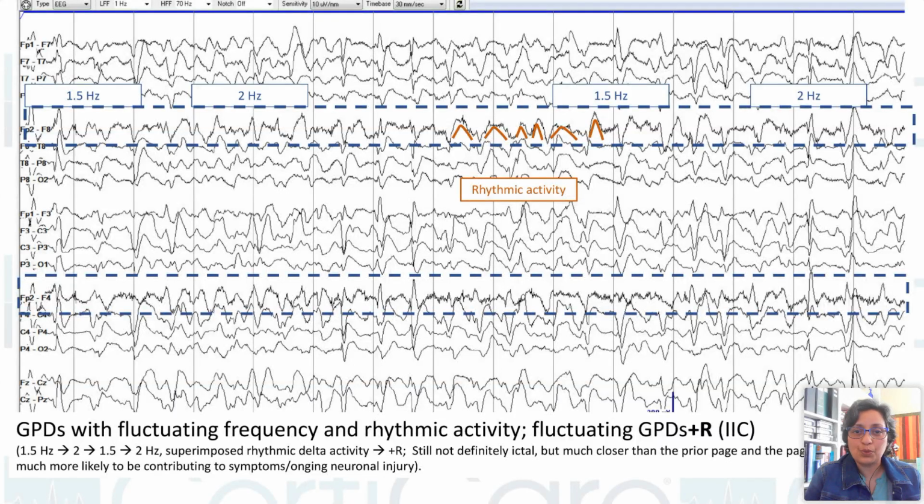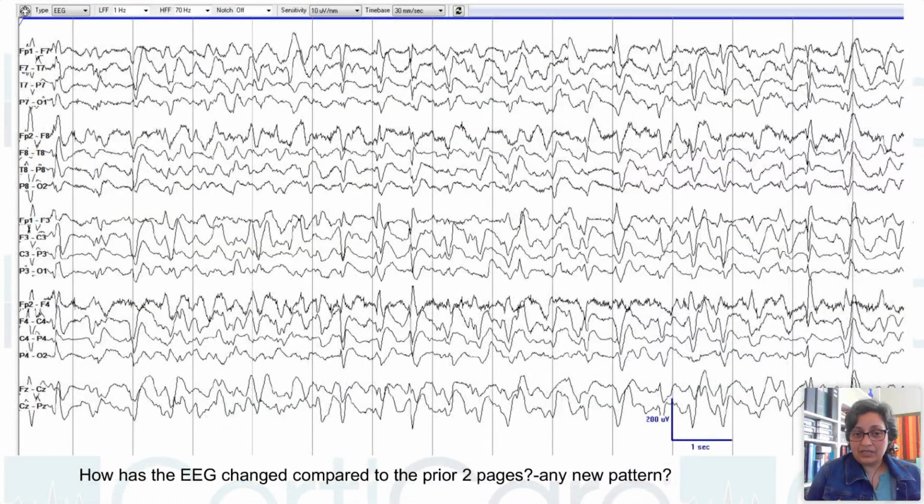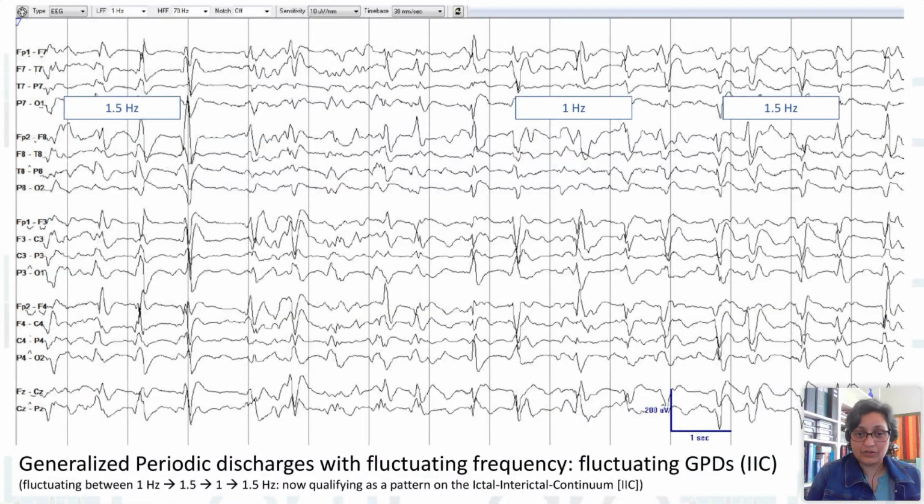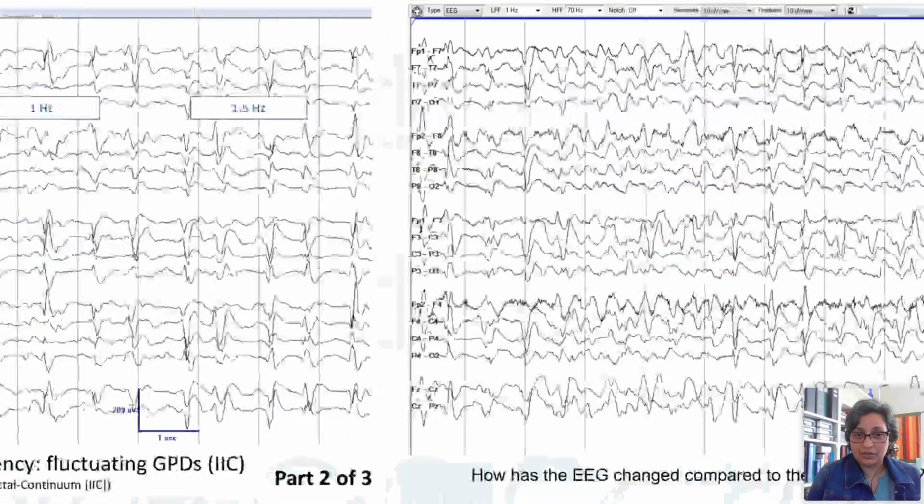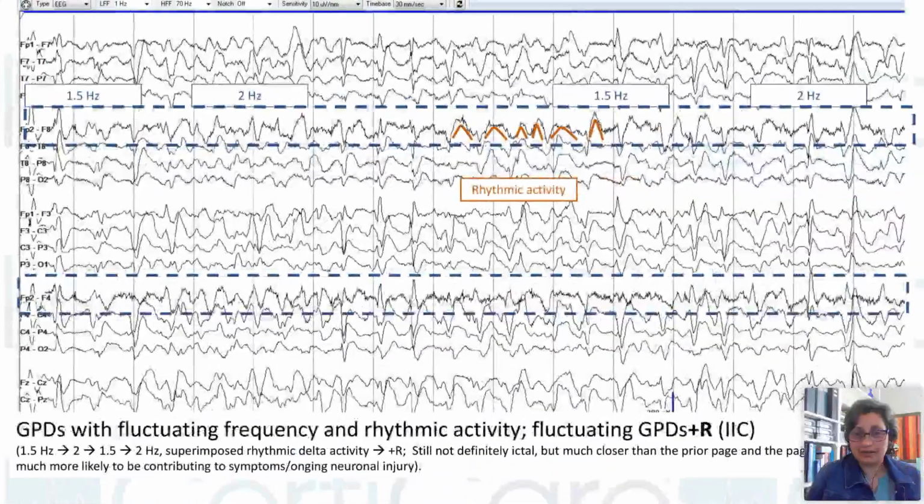So we have fluctuating frequency and rhythmic activity. So these two are a recipe for interictal continuum. And if you see these 3 patterns, if you see patterns changing from here to here to here, it's a significant pattern change, and it calls for contacting the MD.